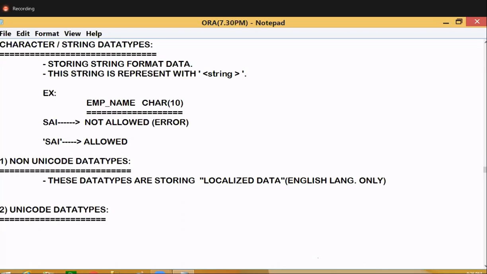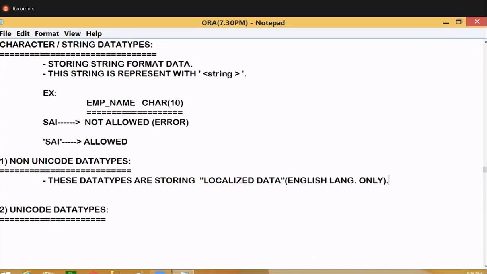But guys, tell me, in all over the world, do we have only English language? No, we have so many other languages out there.